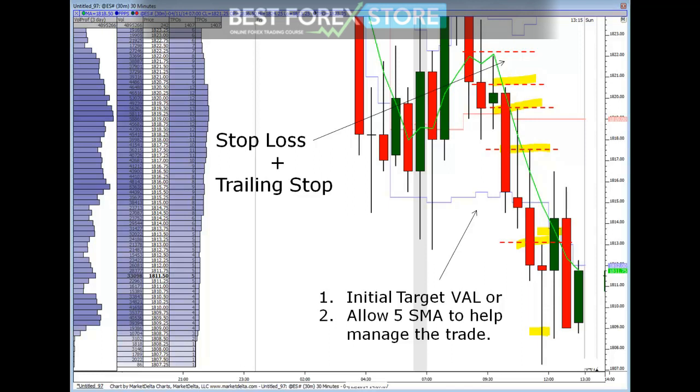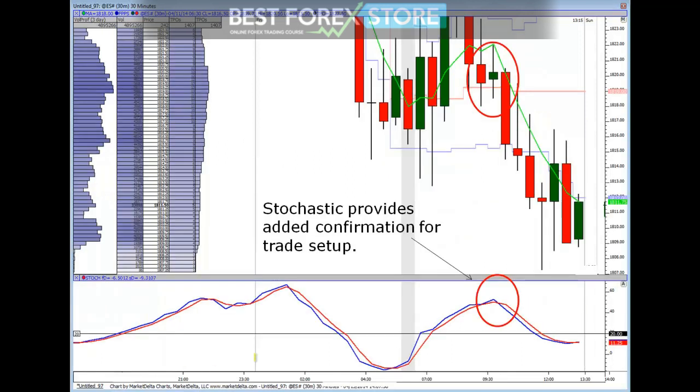Now, as an added level of comfort or an added confirmation for our trade setup, it is helpful for us to also add a stochastic on the chart. And notice the stochastic will provide us with an added confirmation for our short setup. Back here, this is when the confirmation came at this point, so it would have probably prevented you from entering a little bit earlier here.